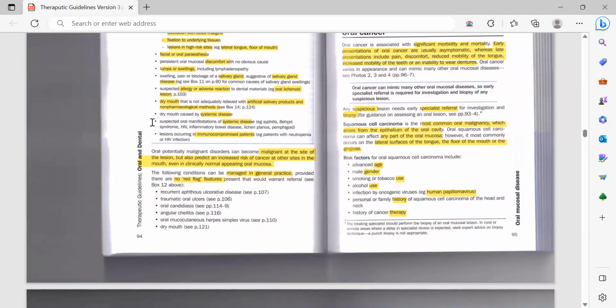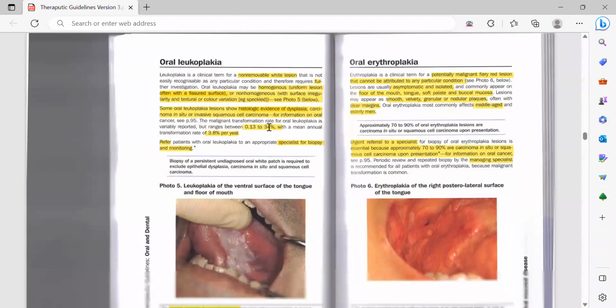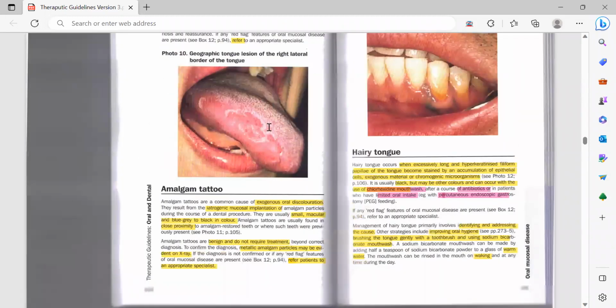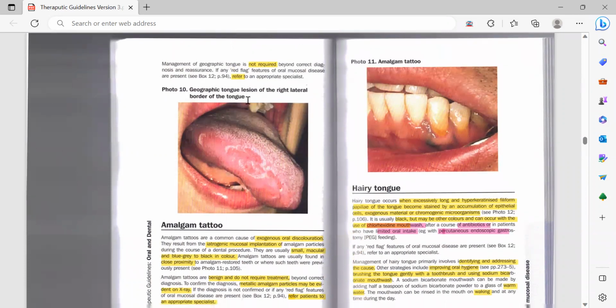Then there are two other systemic problems: suspected oral manifestations of systemic disease and lesions occurring in immunocompromised patients. So just try to keep in mind all these points of red flag features. That is very, very important.